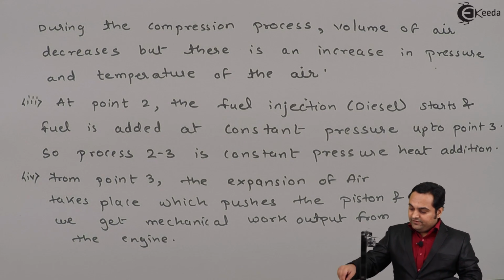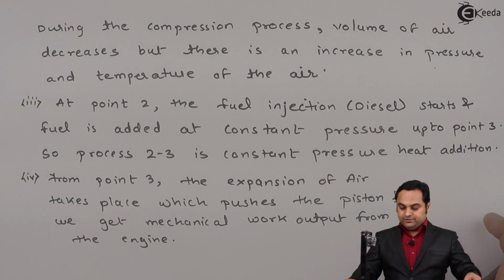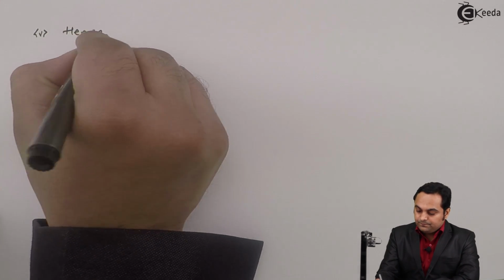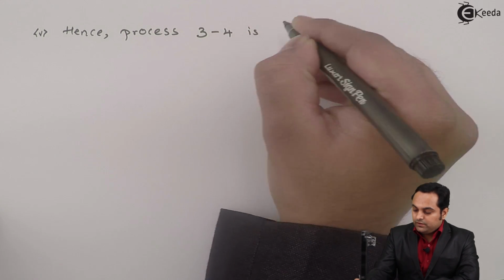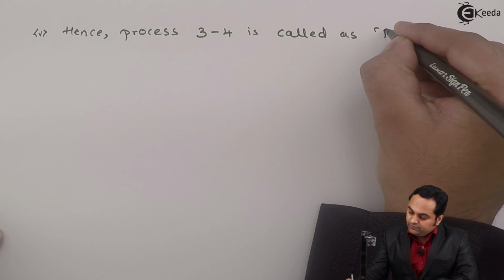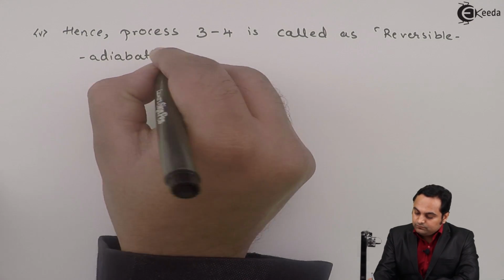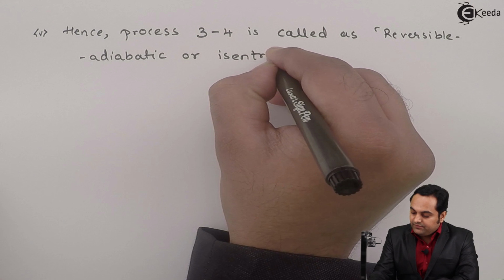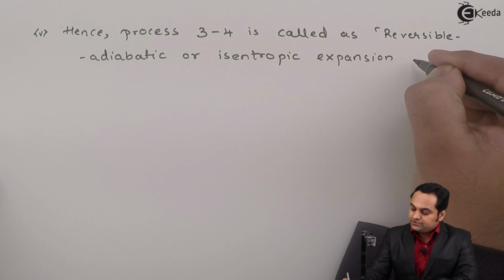So now here I have written that from point 3 the expansion of air takes place, which pushes the piston and we get mechanical work output from the engine. Hence I'll say that process 3 to 4 is called a reversible adiabatic or isentropic expansion process.